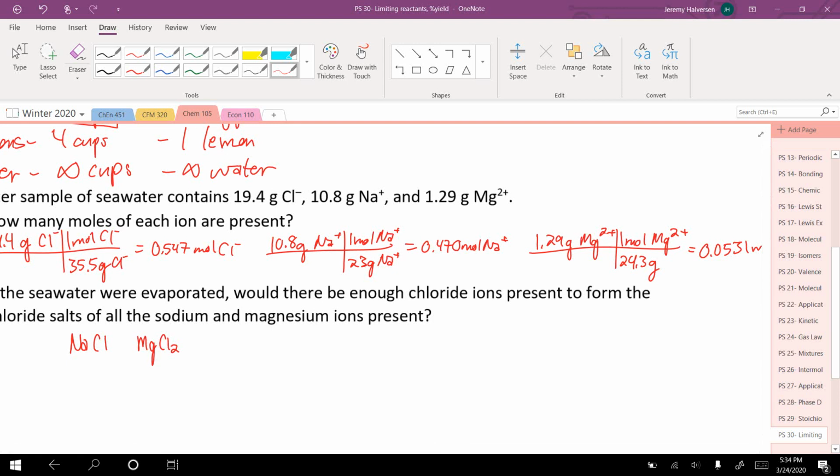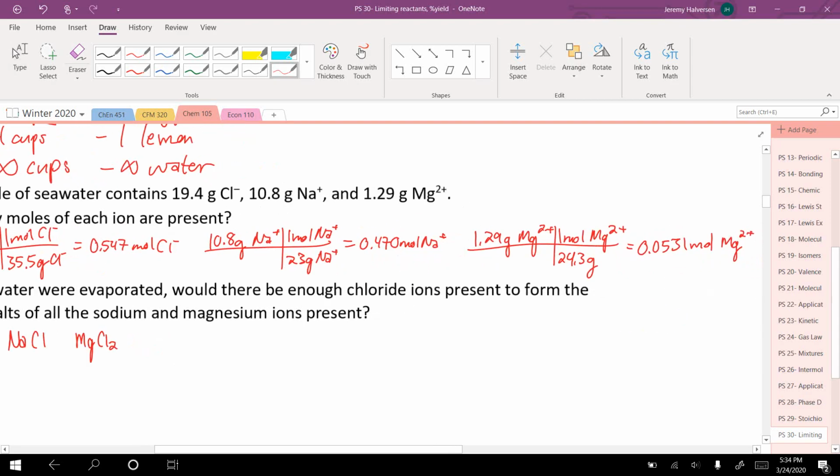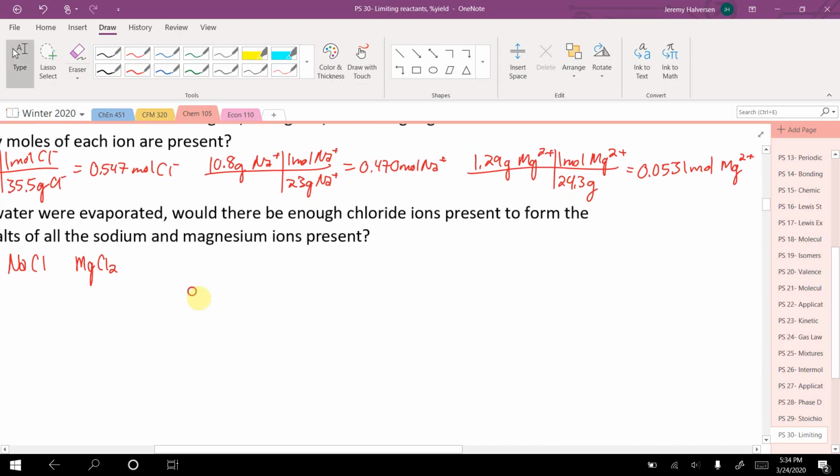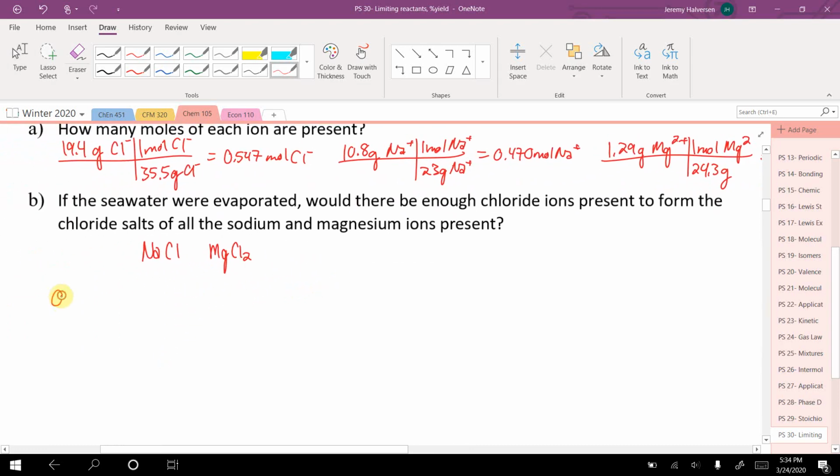There's a couple of ways of approaching this problem. What I'm going to do is I'm going to say, with all of my moles of sodium and moles of magnesium, how much chlorine would I need to match them all up? Okay, and I know that of my 0.470 moles of sodium, this formula tells me that for each mole of sodium, I need 1 mole of Cl minus.